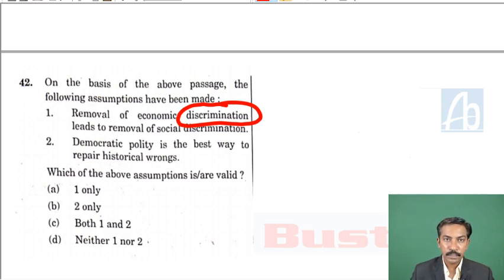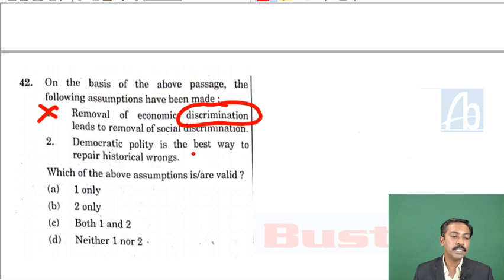Economic deprivation and economic discrimination, there is one clue that you can discriminate these two ideas. And we cannot say that the removal of economic discrimination leads to removal of social discrimination, because your text says that the category is complex. Statement 1 can be eliminated.